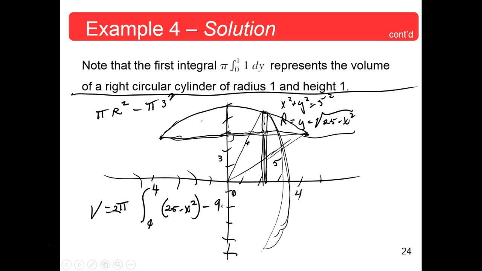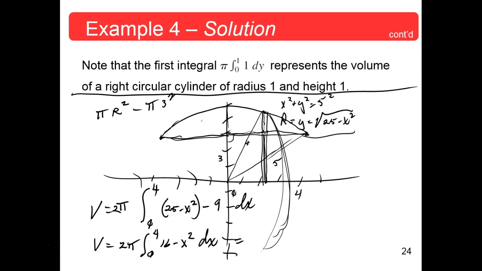Factored the pi out of there. Okay? And then your dx. Okay, I believe that's right. So that's going to be 16 minus x squared. So V is equal to 2 pi times the integral from 0 to 4 of 16 minus x squared dx. Okay?